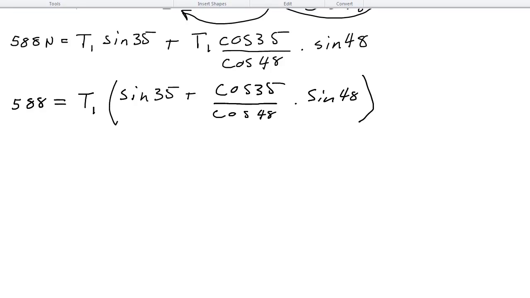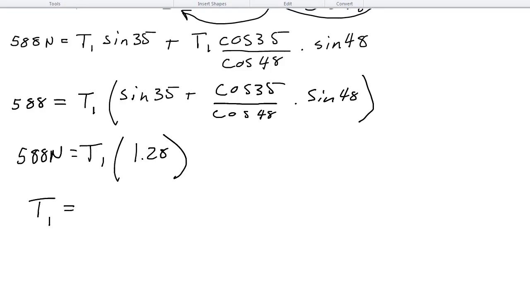Okay, this whole term simplifies to 1.28, and I can solve for T1 at this point, and I get 459 newtons. All right, so I know tension 1.